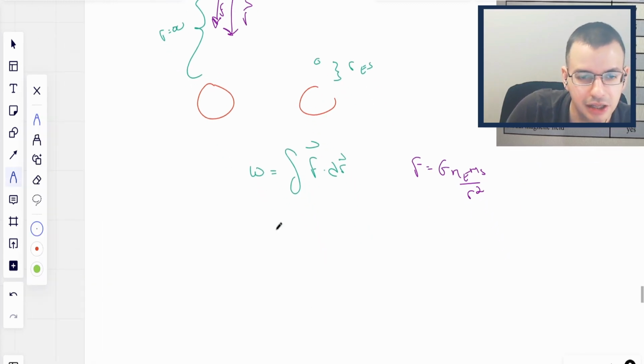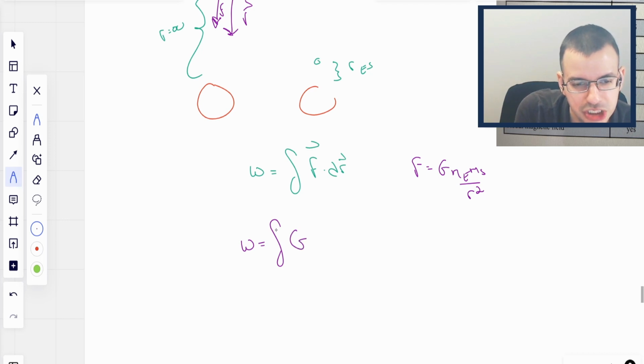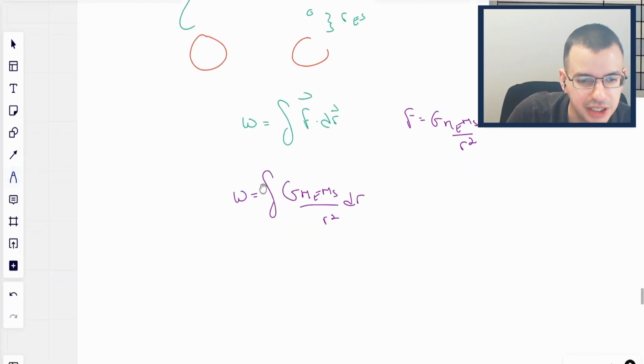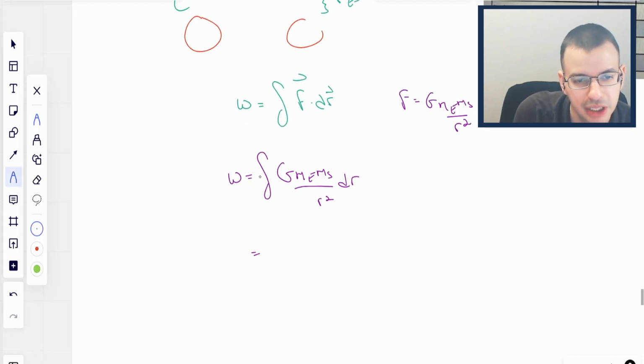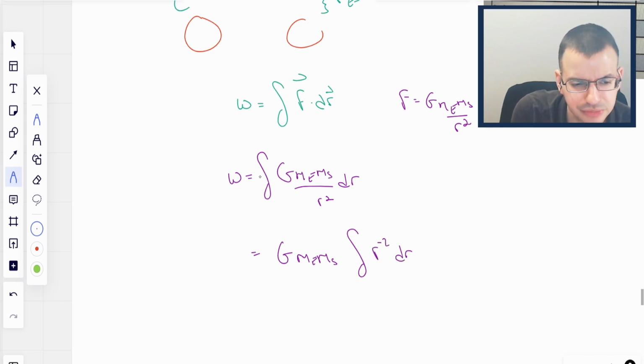So we're just going to plug that in. Work equals integral G mass Earth, mass Sun, over R squared dr. Bringing the constants out of the integral, I'm going to rewrite 1 over R squared as R to the negative second dr.